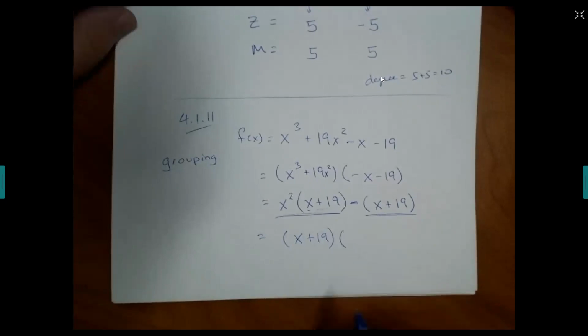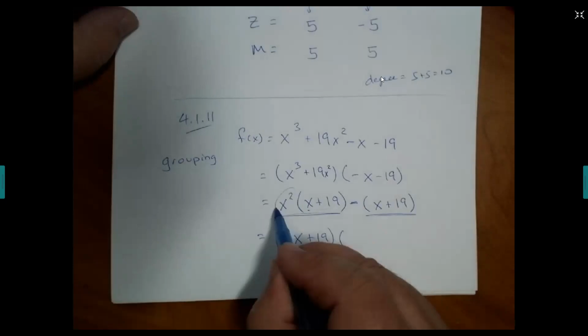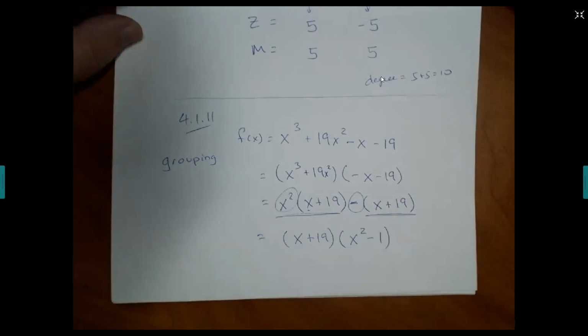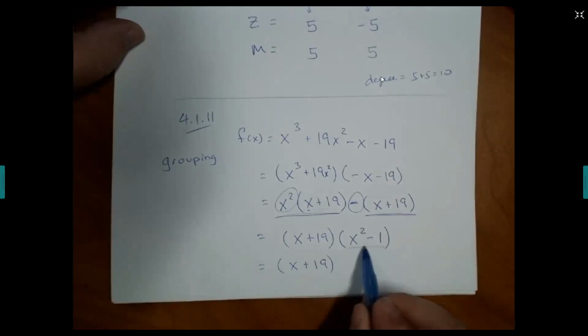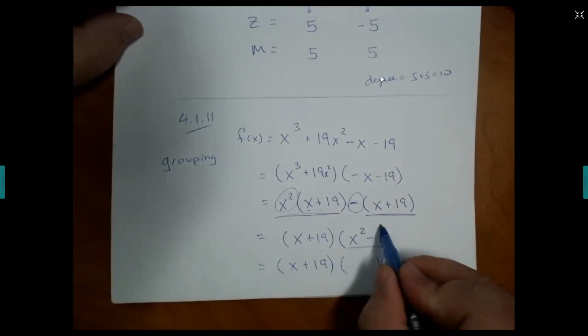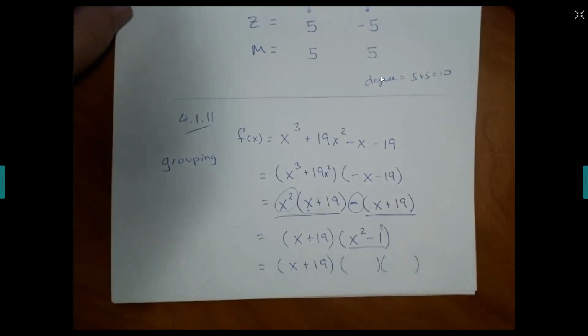What do I have left inside there? It's whatever's in front: x squared minus 1. Now this one can go further. Isn't 1 the same thing as 1 squared?